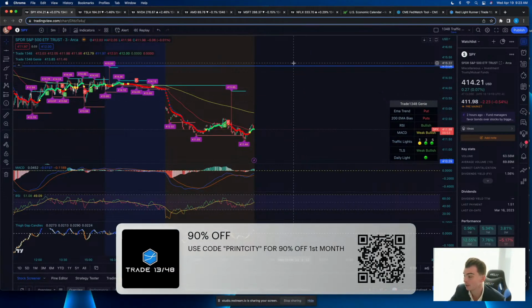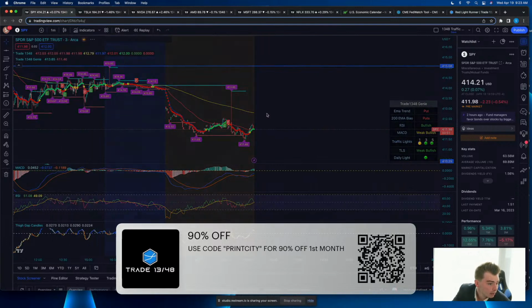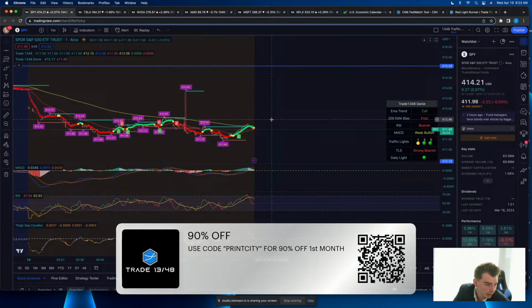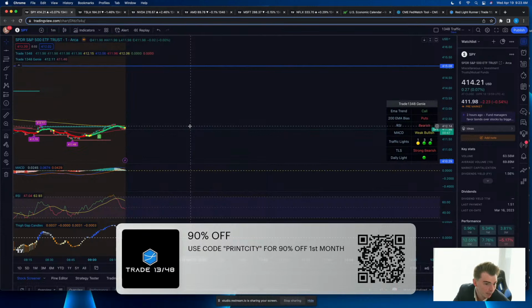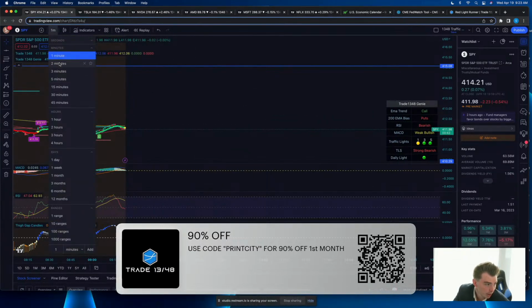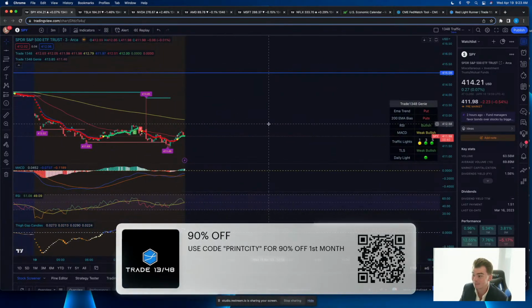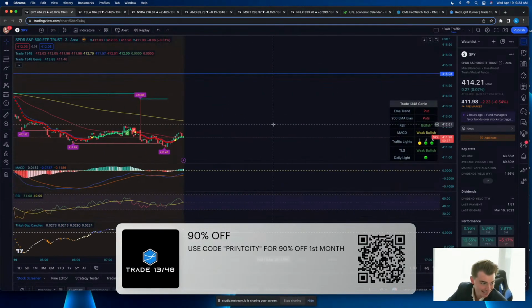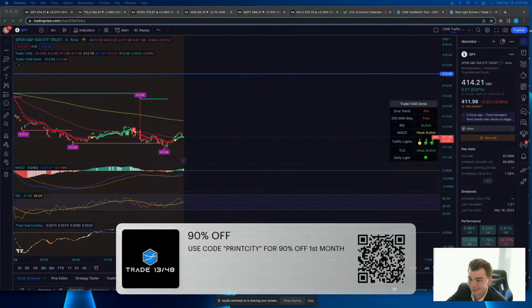Dude, sometimes I open Twitter on the 1 minute. Yeah, I mean, it's rejecting here. You got this 1 minute traffic light down, you got the 200 EMA right here. It's pre-market though. You can't really do much with this. We got 7 minutes. Here we go, folks.